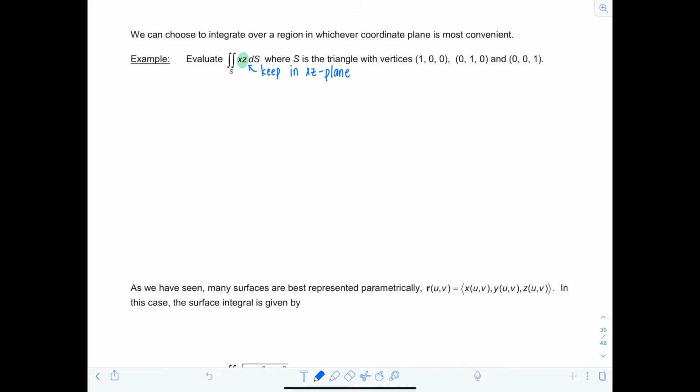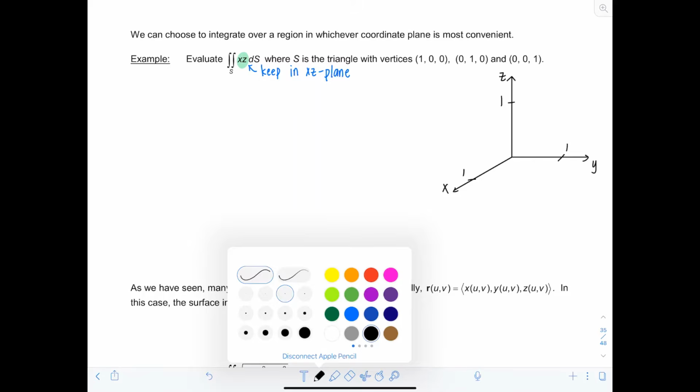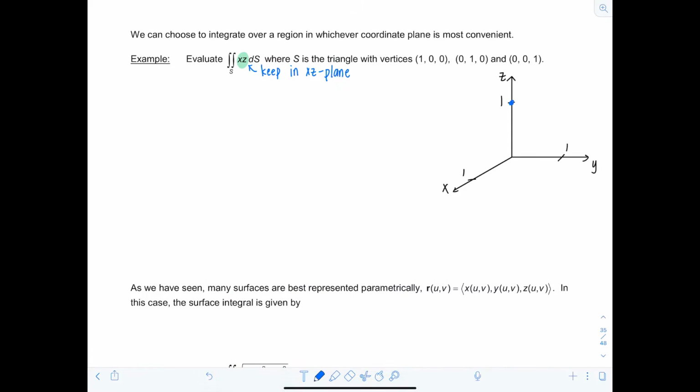Okay, so first let's draw our surface. I'm going to draw the vertices that they gave us. Okay, so here's the z-axis, x-axis, y-axis. So it has vertices 1, 0, 0, 0, 1, 0, 0, 0, 1. And I need the equation of this surface.